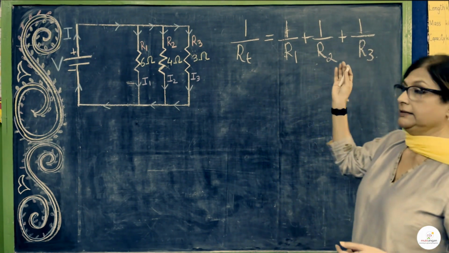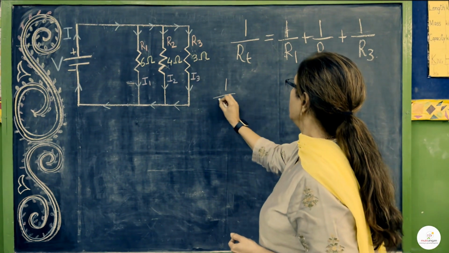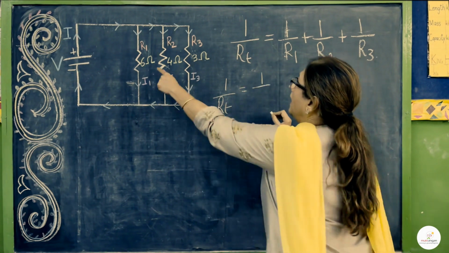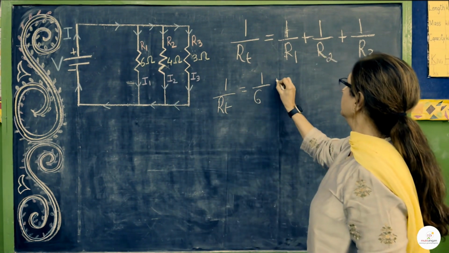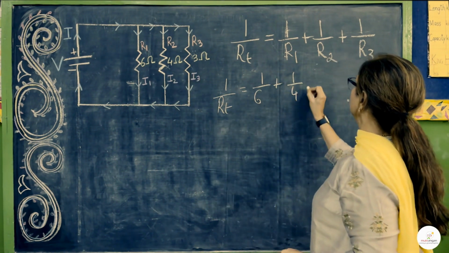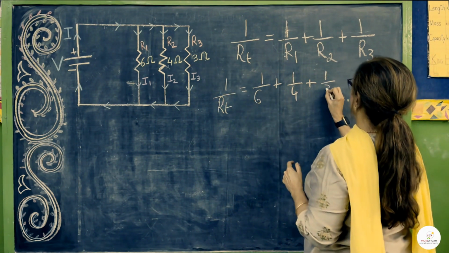Okay, and now we'll just plug in the values. So 1 over RT will be equal to 1 over R1 which is 6 ohms, plus 1 over R2 which is 4 ohms, plus 1 over R3 which is 3 ohms.